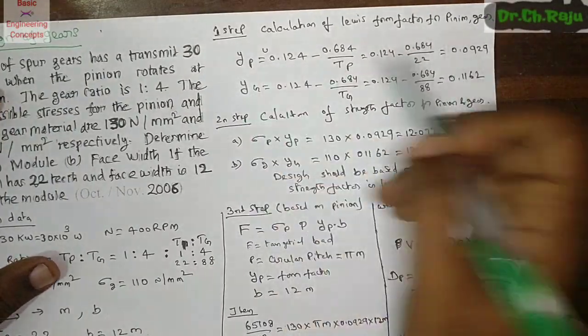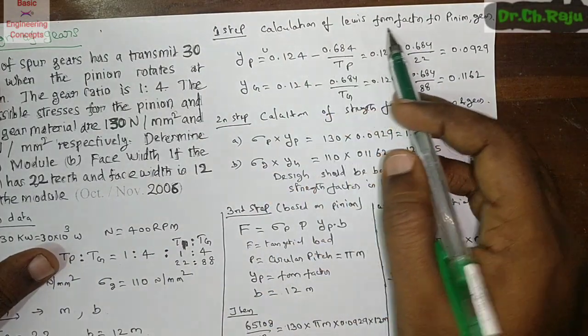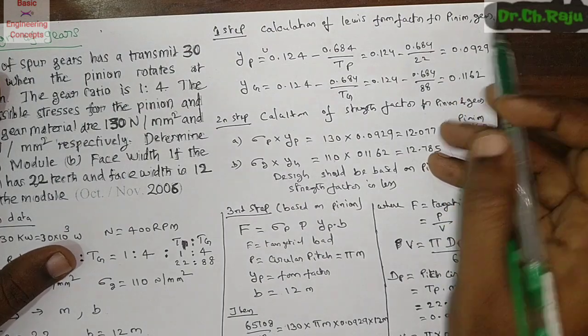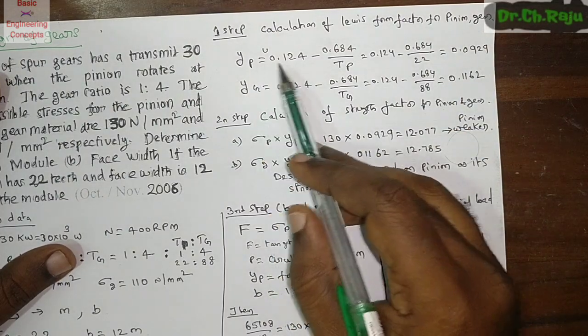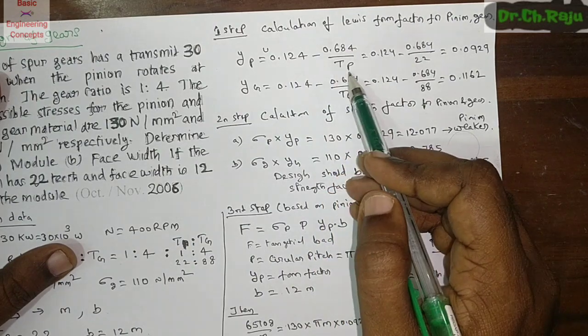In the first step there is an empirical formula. Lewis form factors should be calculated for both pinion and gear, that is YP is equal to 0.124 minus 0.684 by TP.